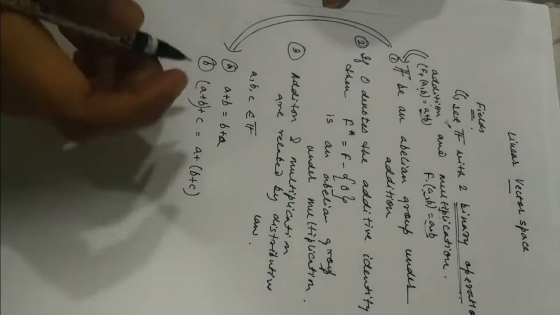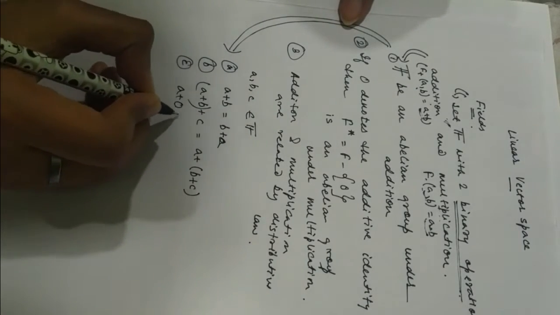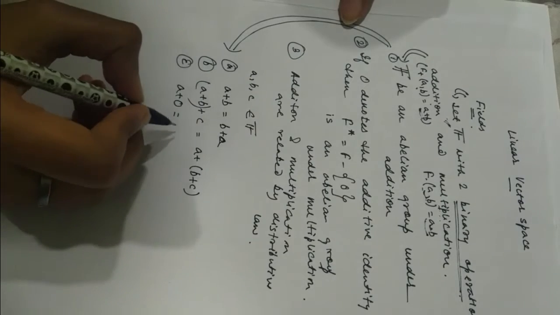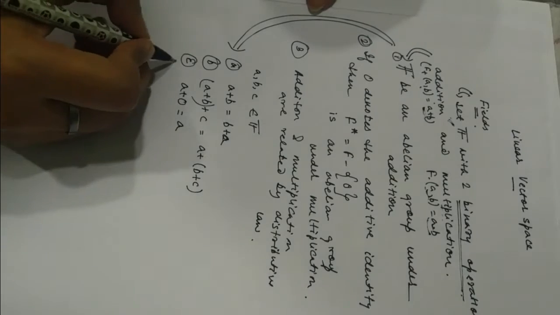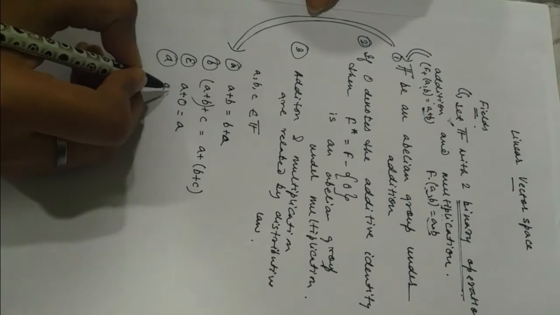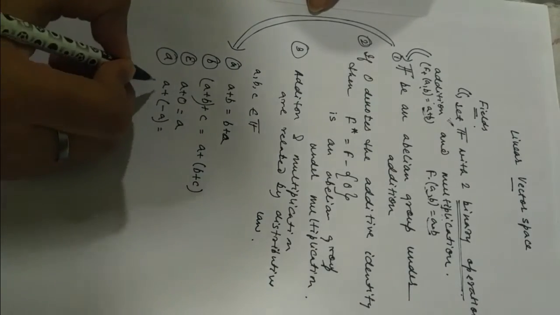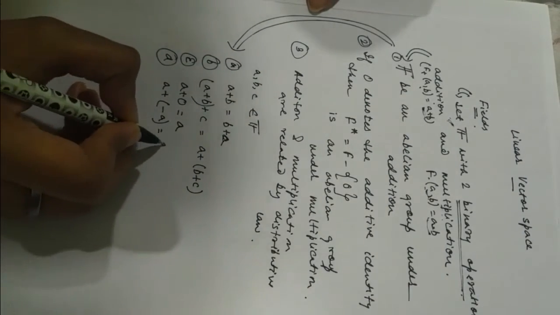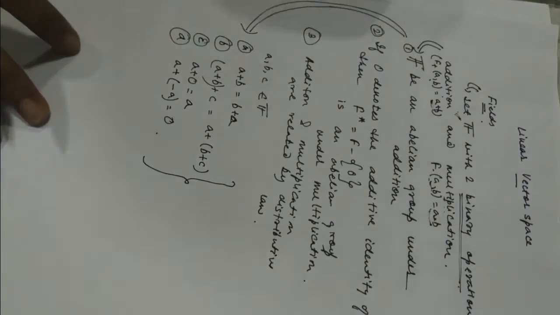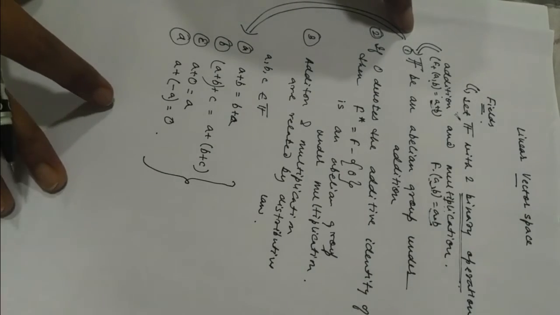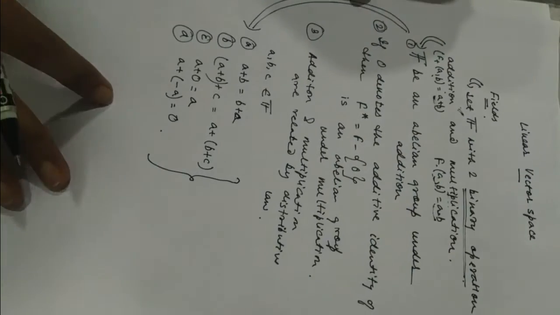There has to be an additive identity such that on performing addition with the additive identity we get the initial element back. And the fourth criterion is that for all the elements of the field there needs to be an additive inverse, so that on adding both we get the additive identity back. So these four conditions need to be fulfilled for the elements of F to be called an abelian group under addition.